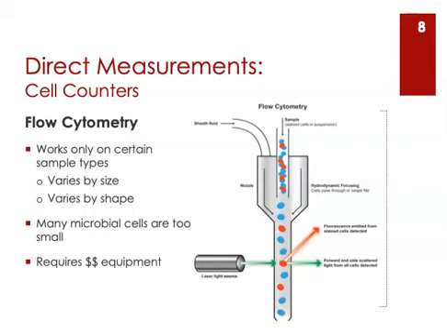Once a year, we take a sample of semen from these male animals that are going to be used for breeding, and we do a full analysis of the sample to make sure that the sperm count is high enough to get the female animals pregnant. Flow cytometry works great when you're doing sperm counts. It doesn't work as well, though, for microbial cell counts in many instances.